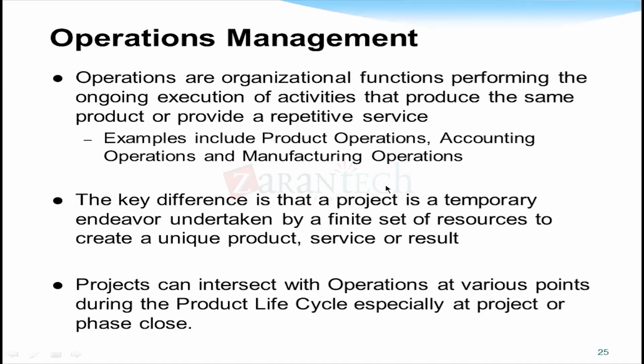The key difference is that a project is a temporary endeavor undertaken by a finite set of resources to create a unique product, service, or result, whereas operations can intersect with projects at various points during the product life cycle. Usually at the end of the project, we give it to operations.